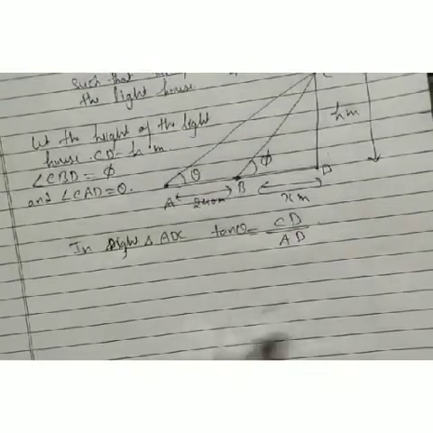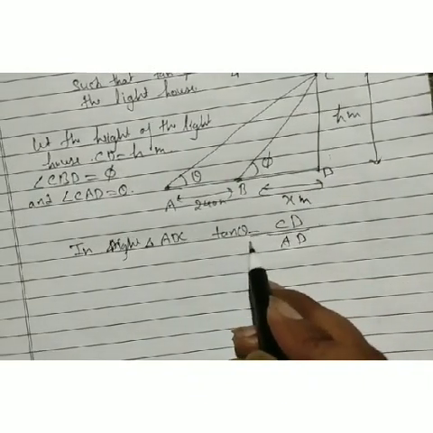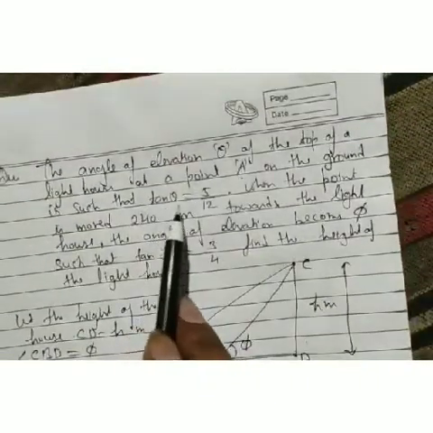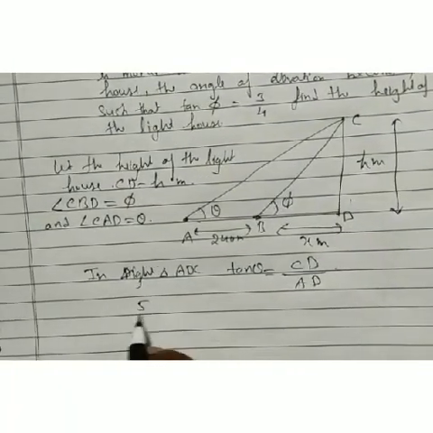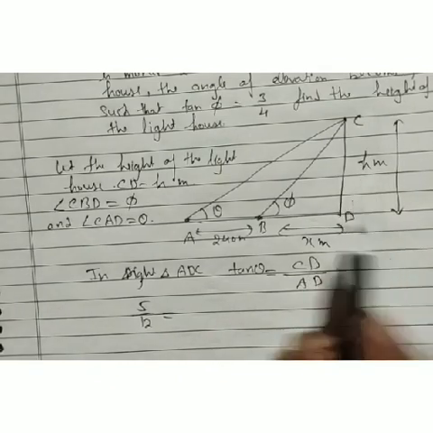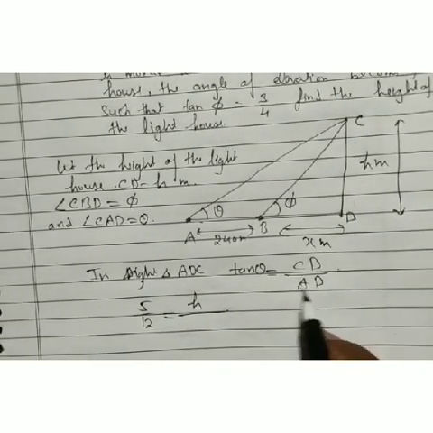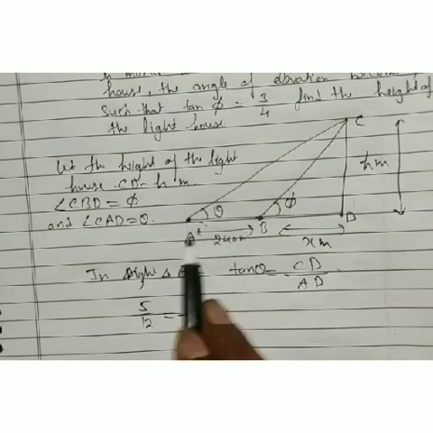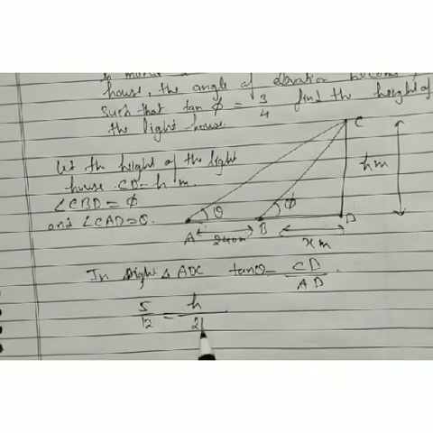Now look, it's given the value of tan theta in the problem. The value of tan theta is 5/12. Then we put here 5/12, and we have taken CD as h meters, so write down h. And what about AD? AD is our 240 plus x.